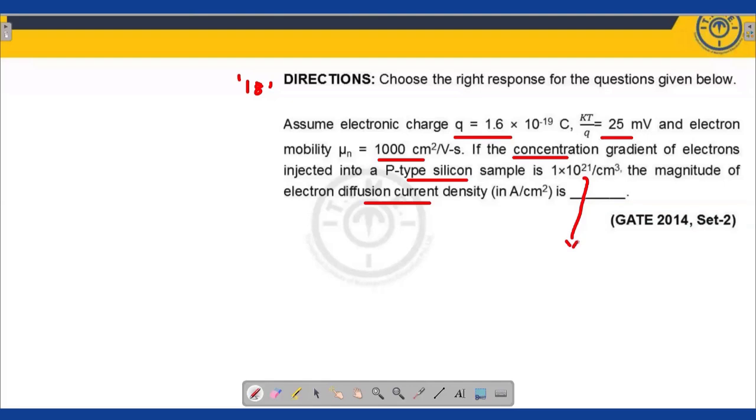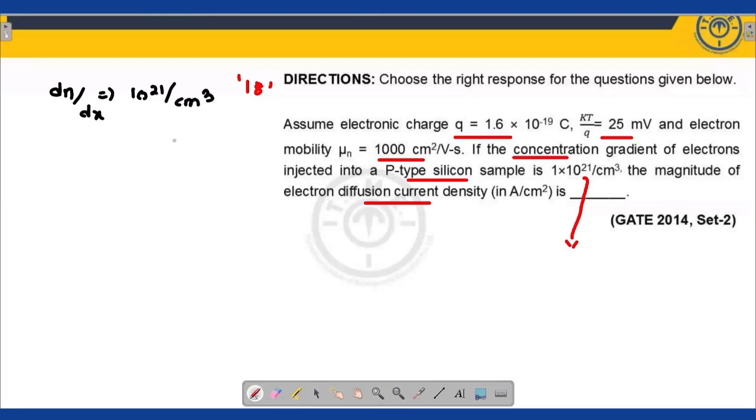This is the value over here, and this particular value is also very important. So when electrons are injected into the p-type, this is nothing but the dn by dx value, which is equal to 10 power 21 per centimeter cube.